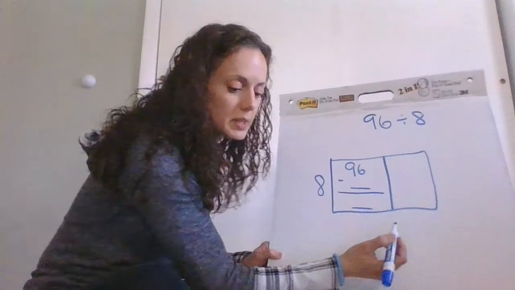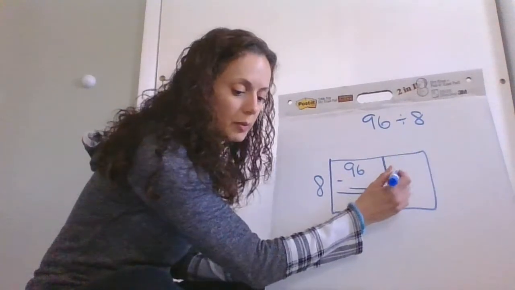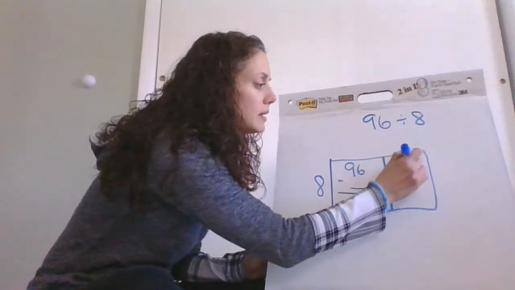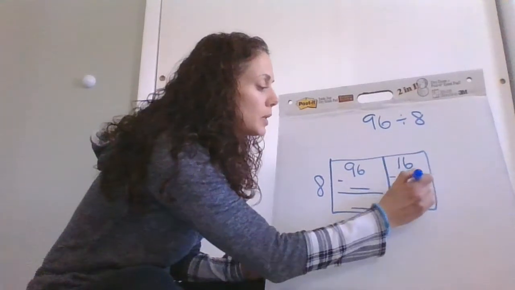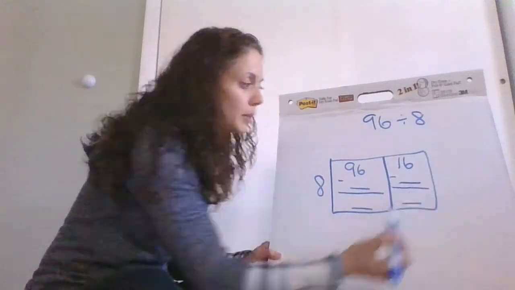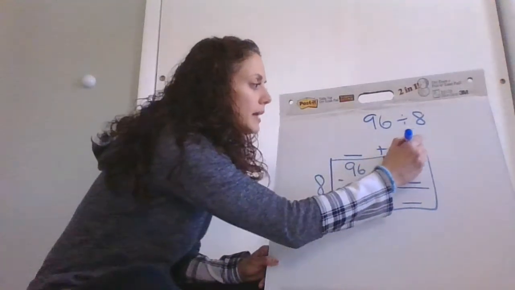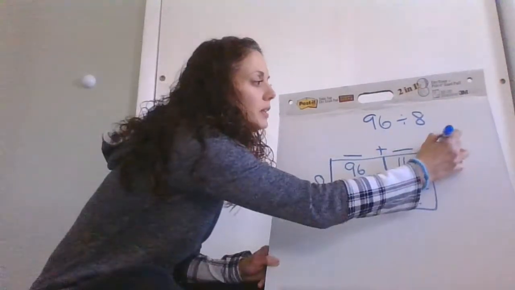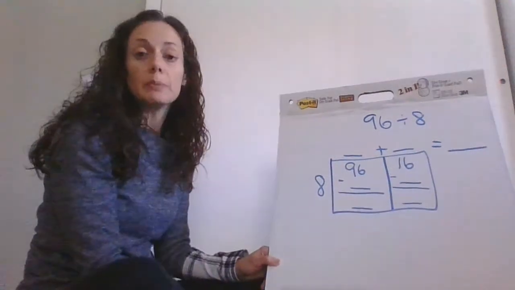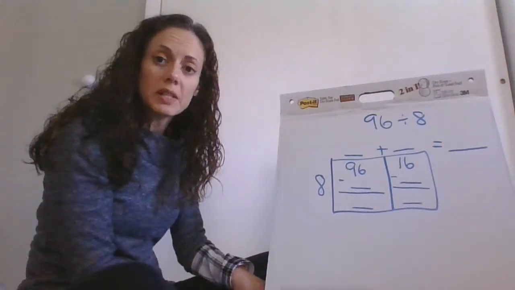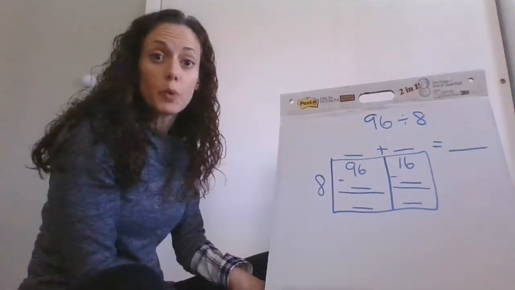Over in this box here, there'll be a 16 minus a number equals a number. Then you'll notice up here there are blanks that have to be filled in. In the answer choices, these blanks will be filled in for you.